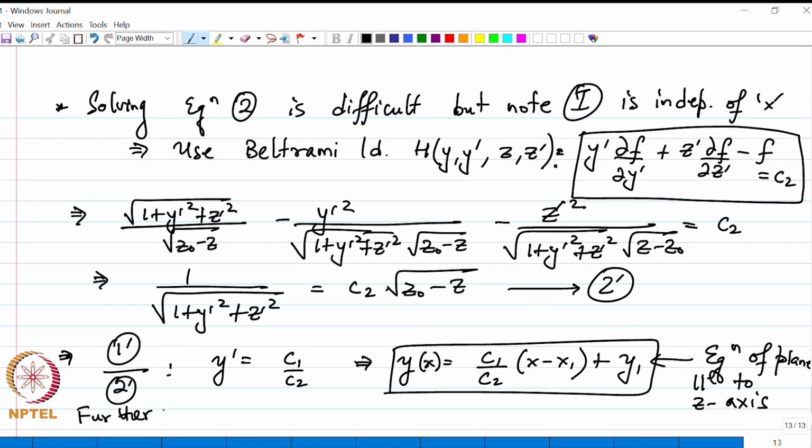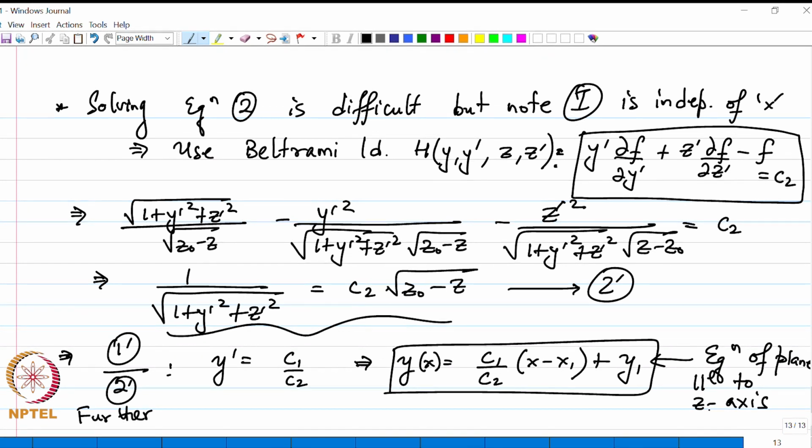solution can be found by solving 2 prime, and we will see that the further solution will be a cycloid. This equation is nothing but the equation for a cycloid. Combining this solution in the box with the cycloid, we conclude that the brachistochrone in 3D leads to an extremal which is a cycloid in a plane parallel to the z axis.